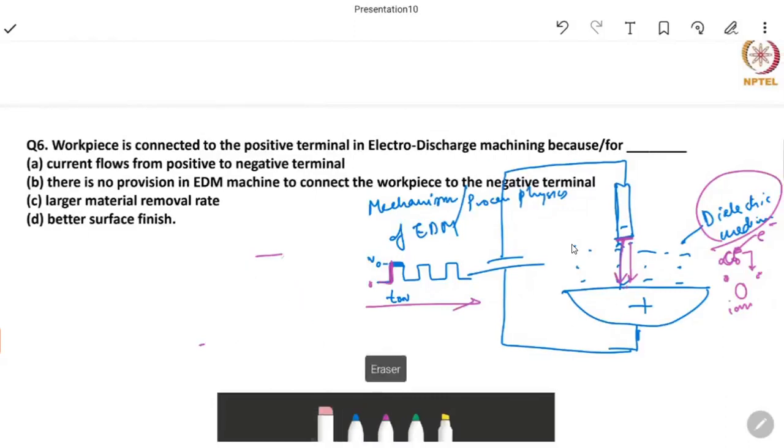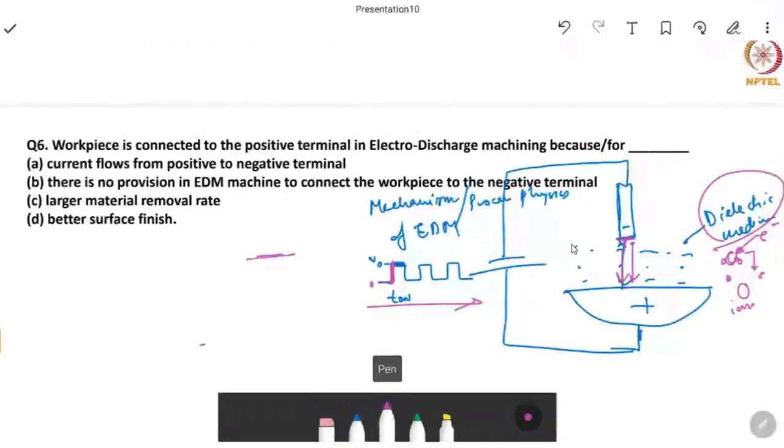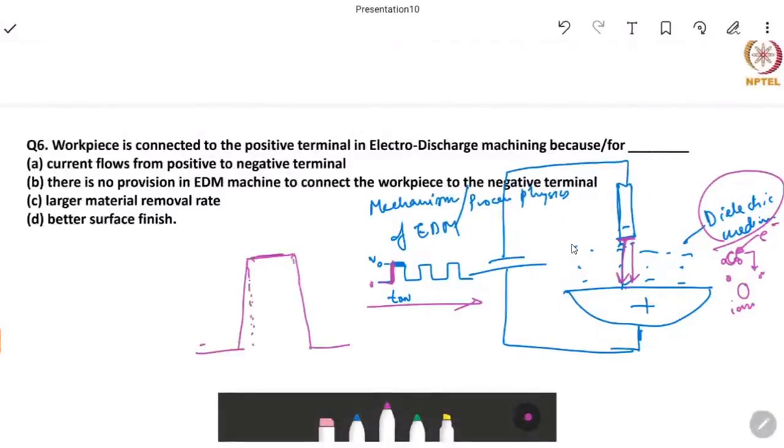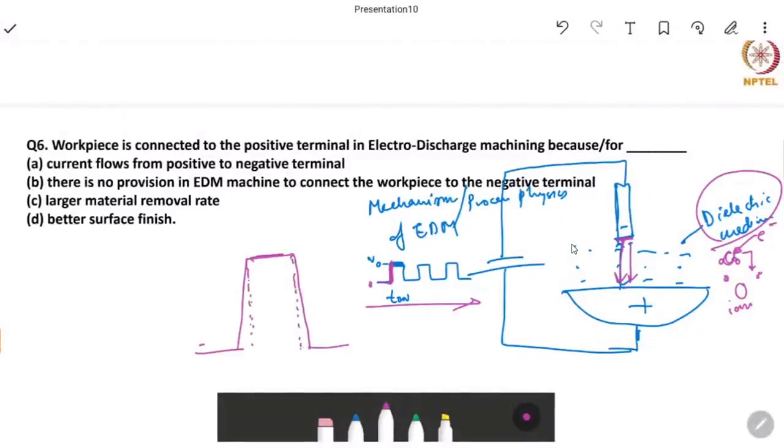Maybe it is steeper, but it is not a straight line, because it takes some finite time to reach the voltage from 0 to V naught. So during this time, and also here, the dielectric medium is getting ionized, and this happens very fast.